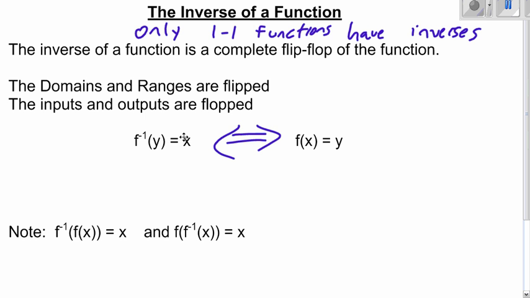We'd start with f of x, so you plug in an x to get a y, but then you plug that y into the inverse to get x. And it could be the same thing no matter which way the composition occurs.